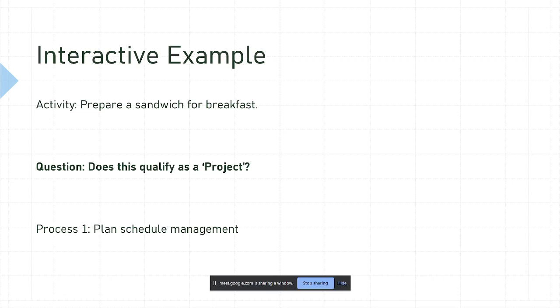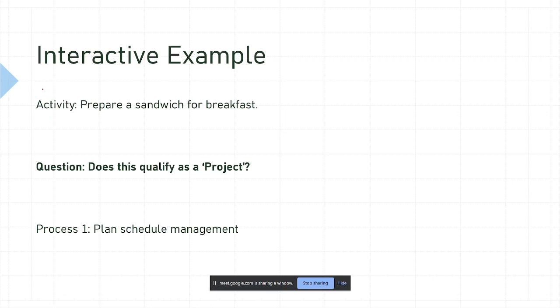Okay. I want one reason, sir. Project and activity go side by side. Both have the start date, end date with a specific purpose for the completion. And in the same way, I have termed it as a project just because of the time. Because we cannot make two sandwiches on the same sandwich maker.